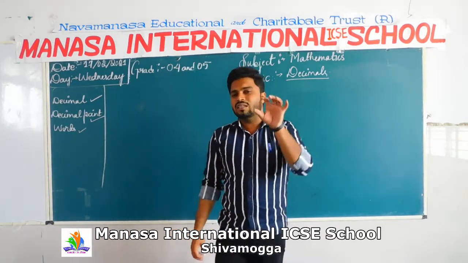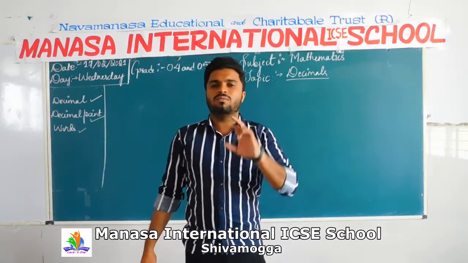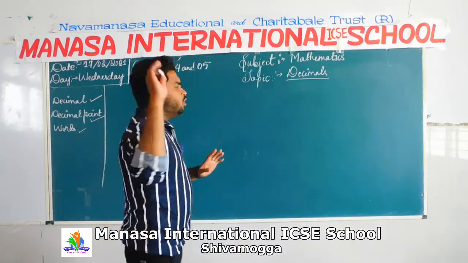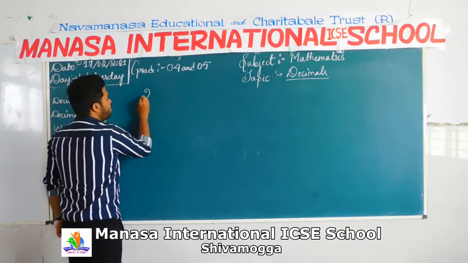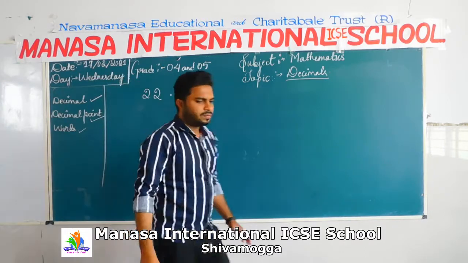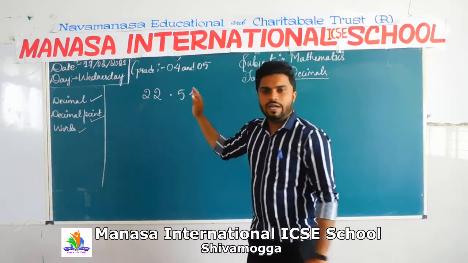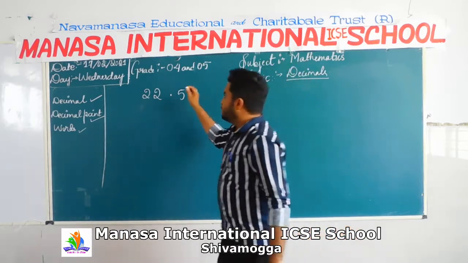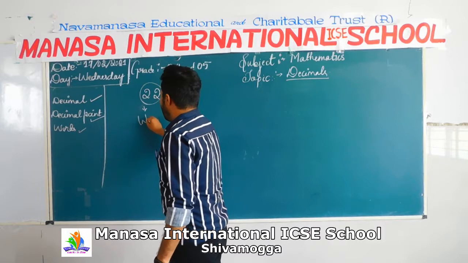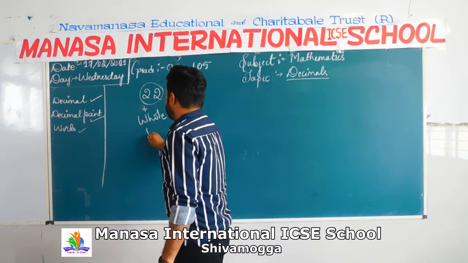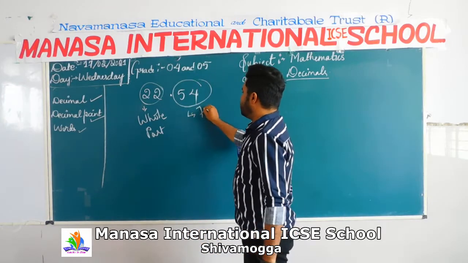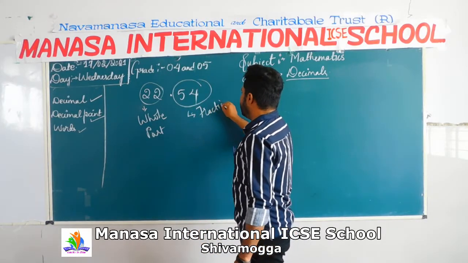You will say, sir, the point that will come in between the numbers is called decimal, sir. Is that like that? No. See, I will show you the logical definition. If you have like this 2.54, it is the point that separates the whole part as well as the fraction part.